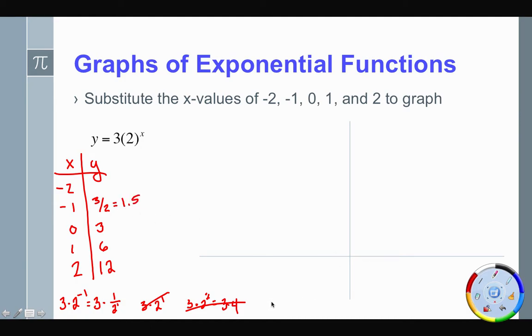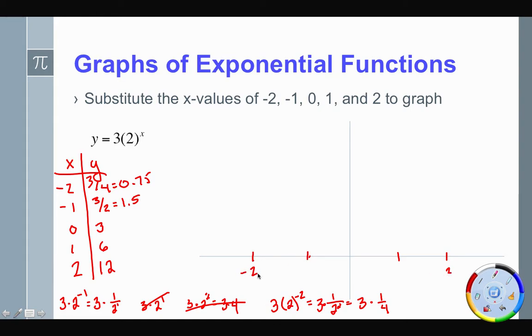And the last one, same idea. We take -2, which means we flip it over, or find the reciprocal, and change it to a positive exponent, which gets 3 times 1/4, which is 3/4, which is 0.75, again, for those of you who don't like decimals. So we went to x equals 1 and 2, -1 and -2.